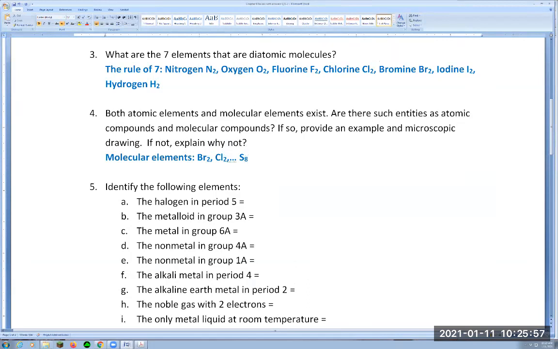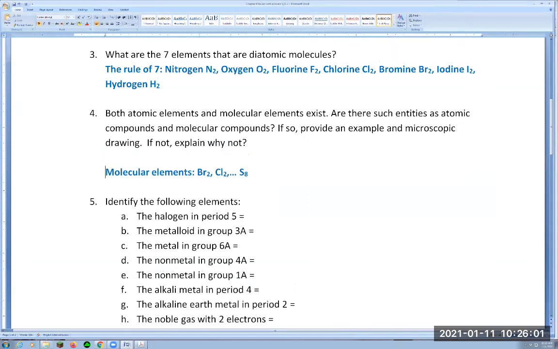They are elements because they are made of only one type of atom, but they are molecular because they are made of more than one atom bonded together. So 2 atoms of bromine together, 2 atoms of chlorine together, or 8 atoms of sulfur together. So that's why we call them molecular elements.